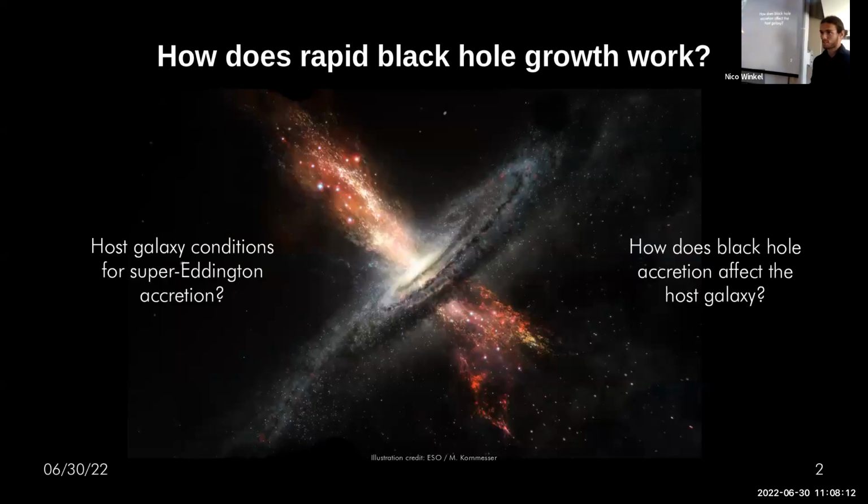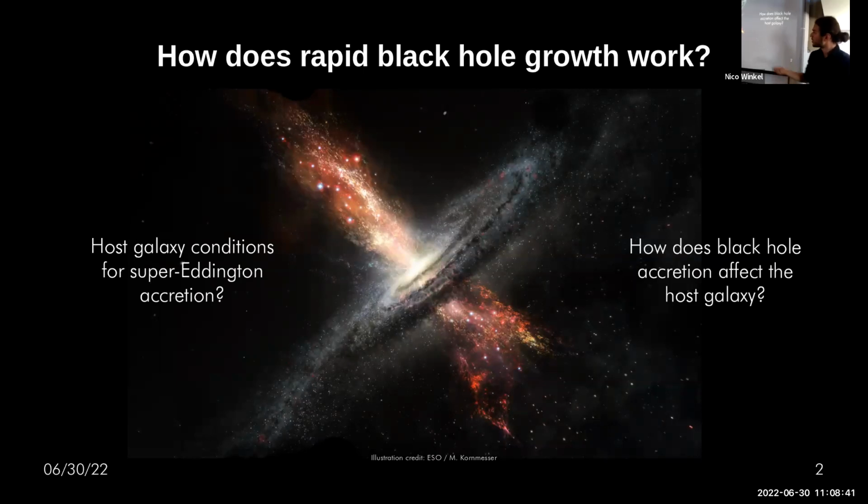So the question that I and also you are interested in is what drives the rapid black hole growth. You might be aware of the discrepancy in the early universe where we observe quasars that are powered by several billion solar mass black holes, and you have very little time to make them grow very rapidly to gain the mass that we observe in these high redshift quasars.